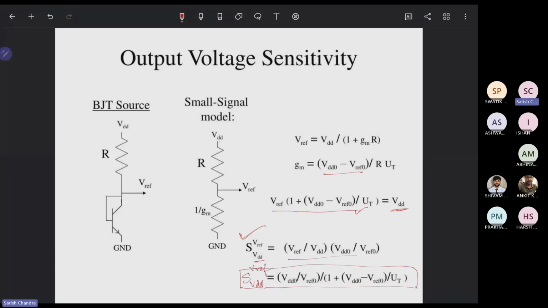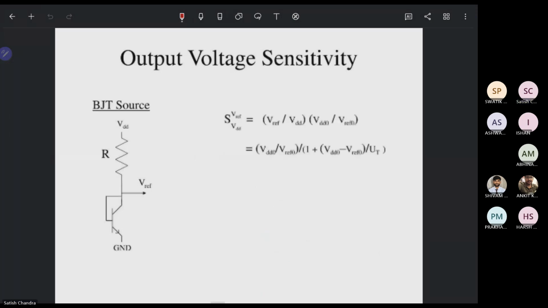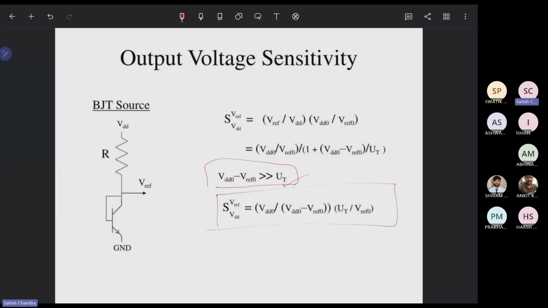So this is what we wanted. We have already obtained this. Assuming that VDD minus Vref is much greater than the threshold voltage, it comes to this end. That is all the mathematics.